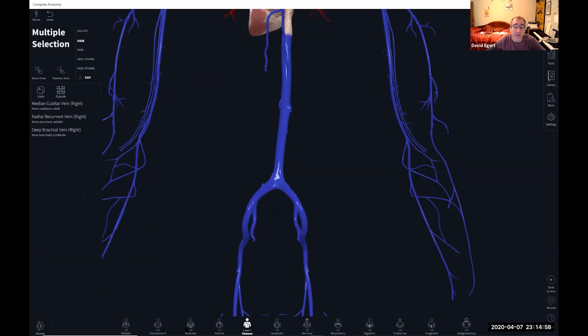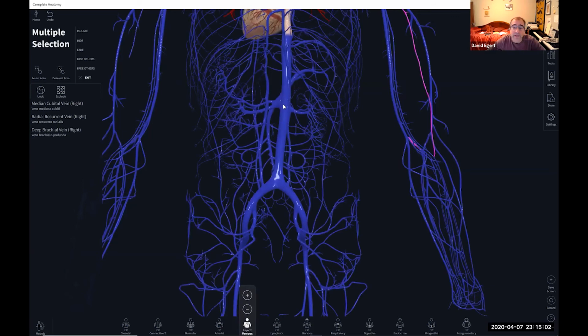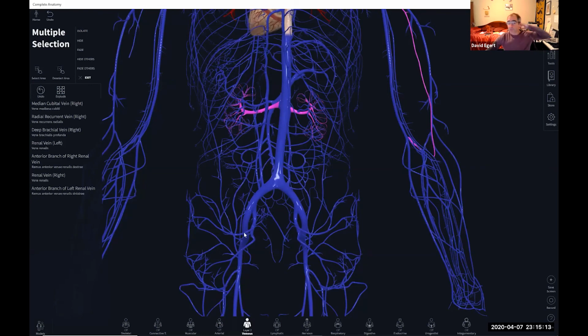The only things that we're actually going to see come in here are the ones coming from the kidney. So the renal veins, which are going to be draining the kidneys. And again, we'll look at those in more detail when we do the urinary system.